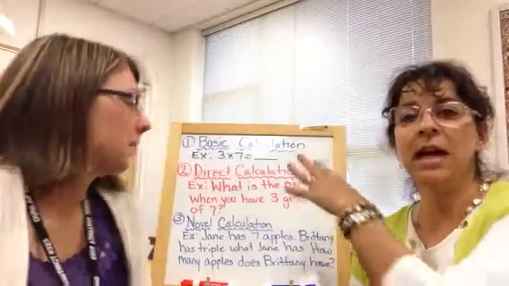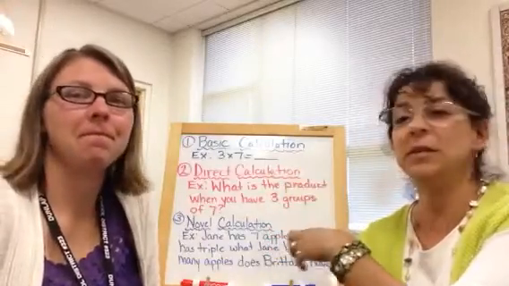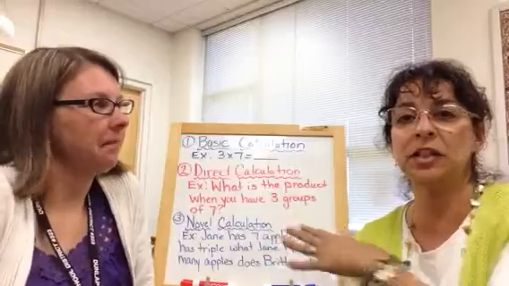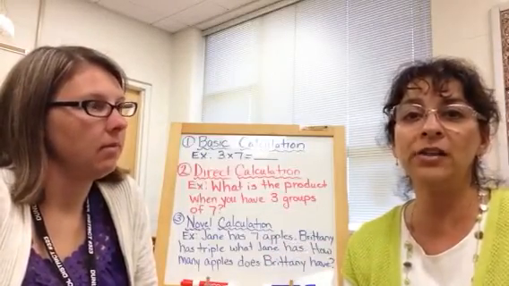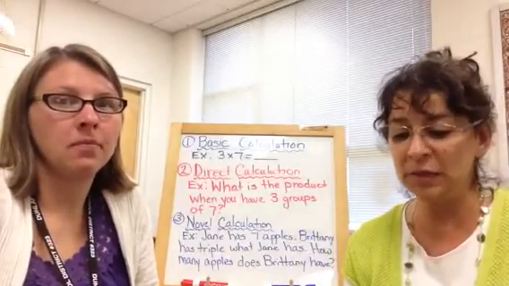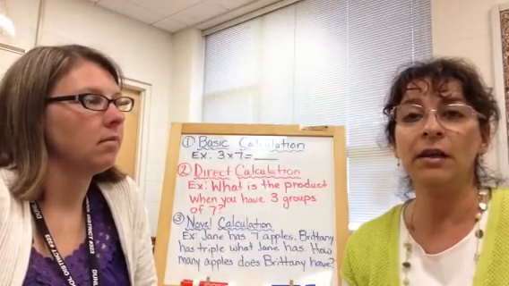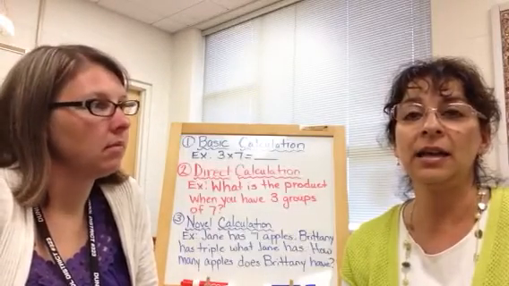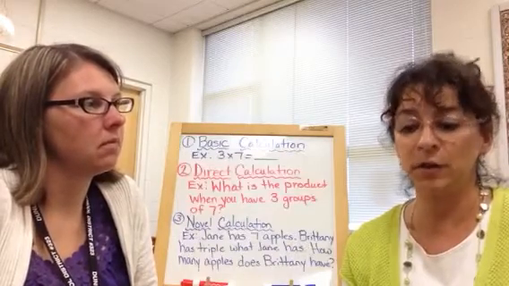So keeping in mind that these are things that a fluent mathematician can do for this particular chapter, we want to gradually release our instruction from highly structured and direct all the way to independent. So we do begin with direct instruction. The teacher would be doing a lot of modeling and a lot of examples, very teacher directed at the very beginning.